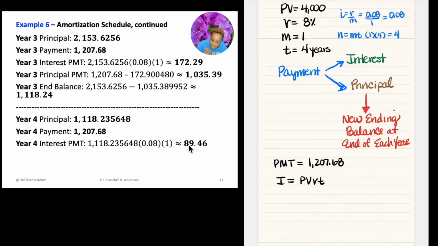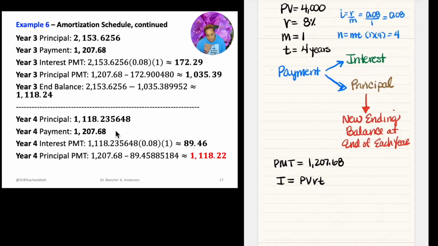I still have to pay them that out of this payment. So now, if I take my payment and I minus the 89.46, I'm left with $1,118.22 as my principal. Okay, that's how much I have left to pay, supposedly, or that's how much is going to go towards my principal. That's what I owed. That's what goes on it.